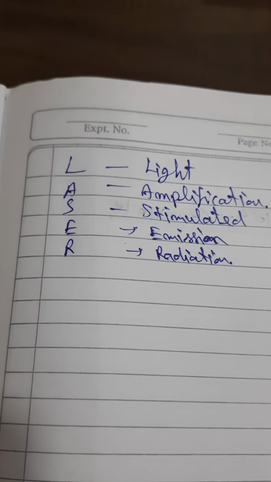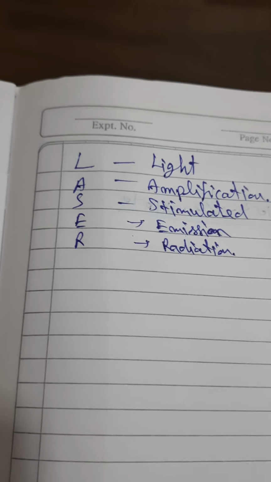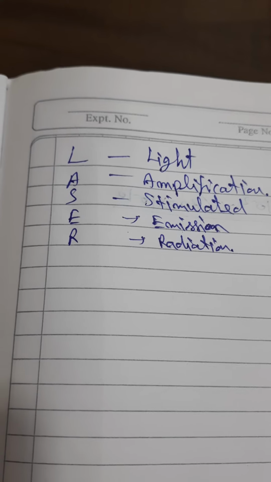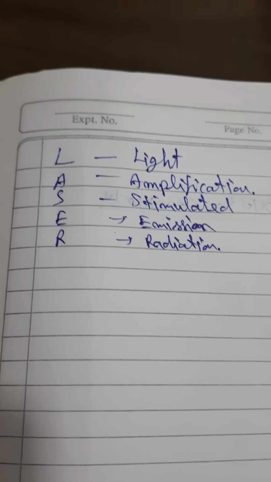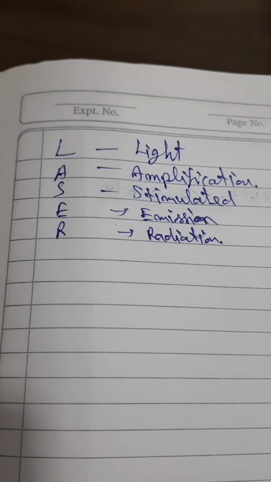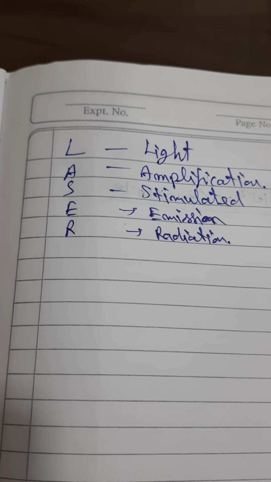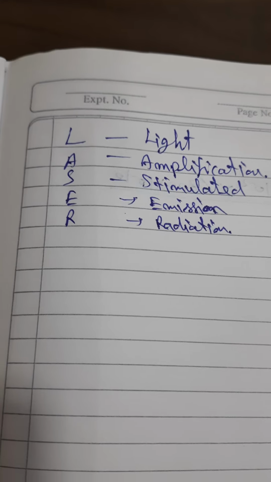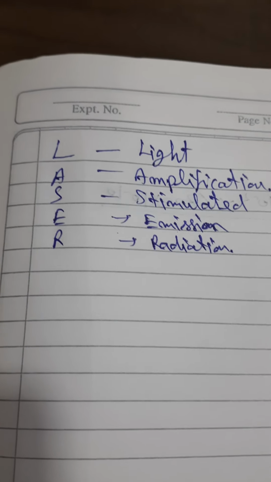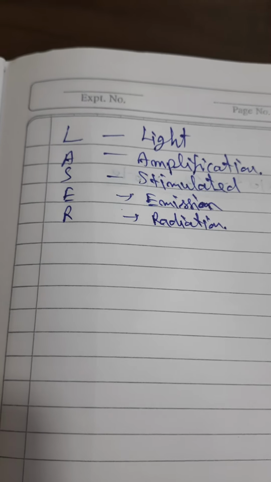The laser is a coherent source, a monochromatic coherent and highly intense beam of light. Due to the diffraction, the circular rings are obtained, as I just showed you on the screen.